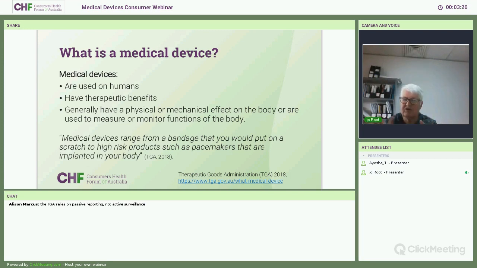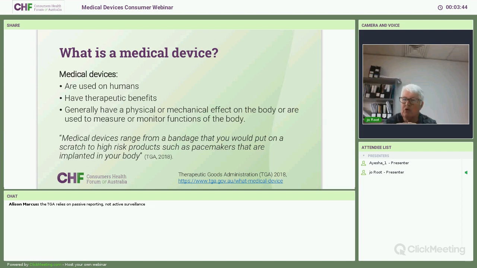We sometimes don't think of this, but something like a Band-Aid or bandage is a medical device. And then it can go up to a high-risk product such as a pacemaker or urogynecological mesh, which is permanently implanted in the body. So there's a great range of devices, and there are 3 different classes of device.